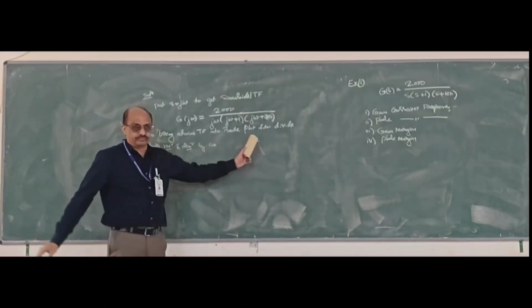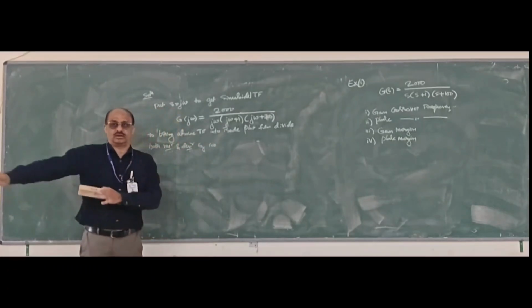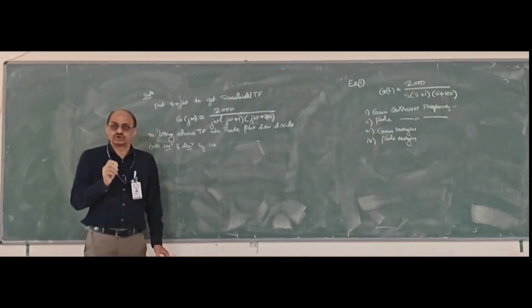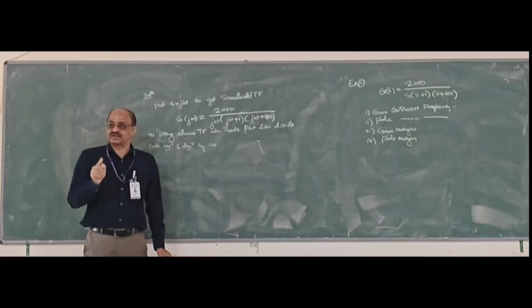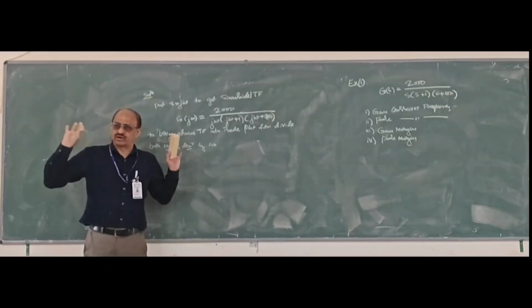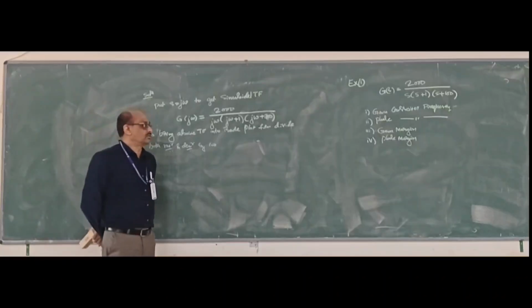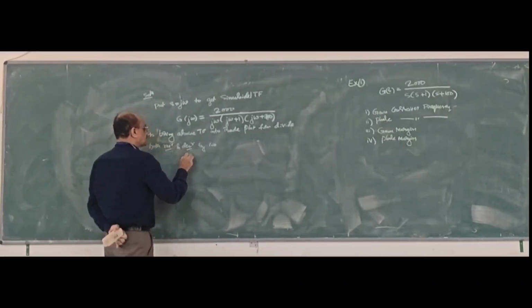Here it is only 1. You have to bring all such factors into Bode plot form, remember that. It should be in the same form, 1 plus j omega T, whatever T can be, for all the factors.